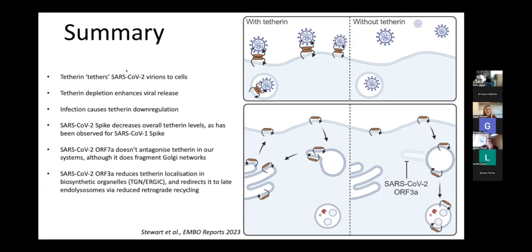I had a couple of questions. The first one was, I thought that ORF3a would hijack lysosomal trafficking to facilitate coronavirus particle egress.